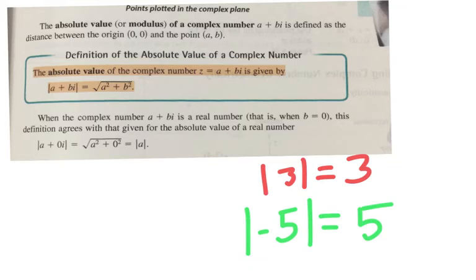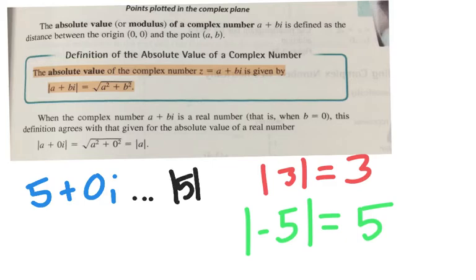So think about, for instance, this number. If I had the number 5 + 0i. I wrote my i backwards. 5 + 0i. What's my real part? 5. What's my imaginary part? 0. So we could rewrite this as just being 5. Right?